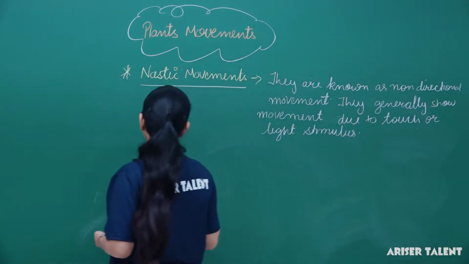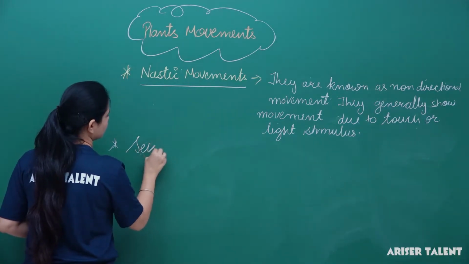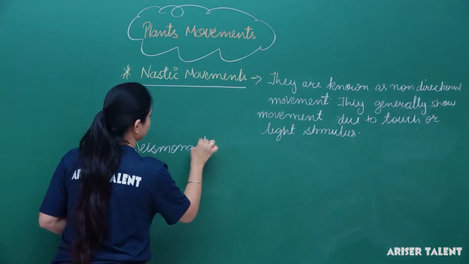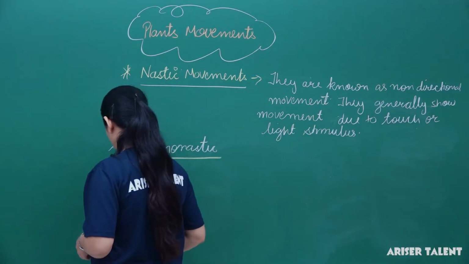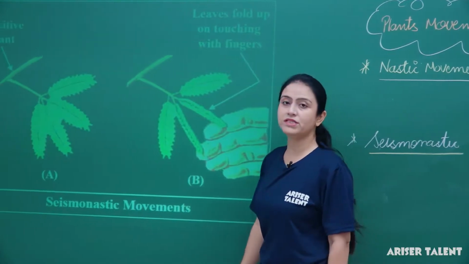So these are of two types. One is seismonastic. Here we can see seismonastic movements in the plant.